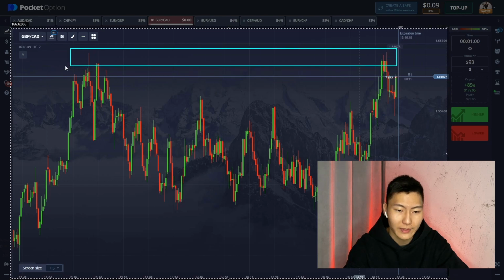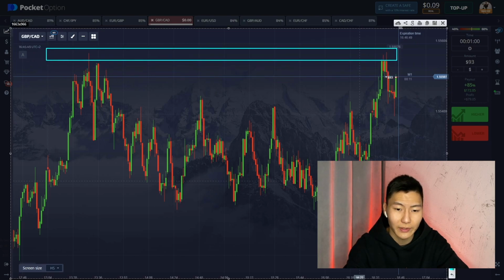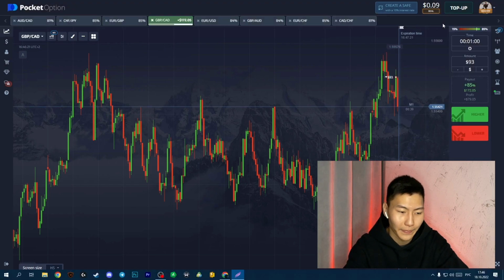First of all, there is a touch of the resistance zone here. The local high was updated, so actually it remained at the same level, and it tells us that the price tends to go down. And after this pullback, I think the price is very likely to go down. So here you can see a huge red candle showed up exactly as we expected.